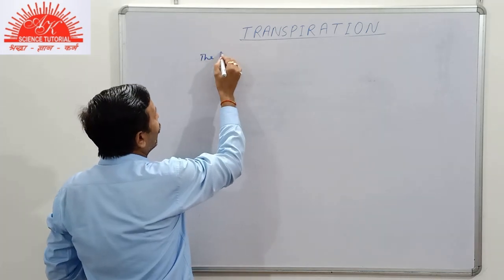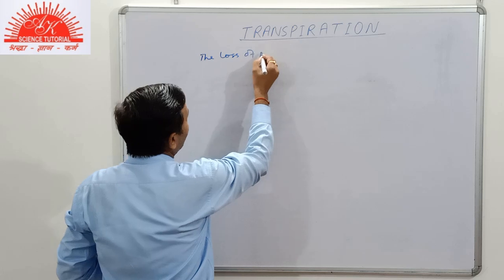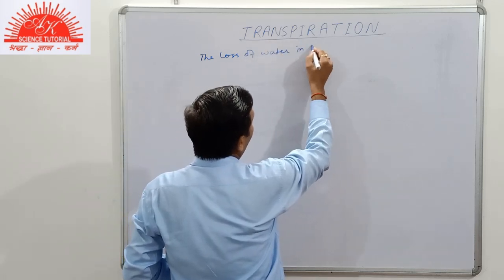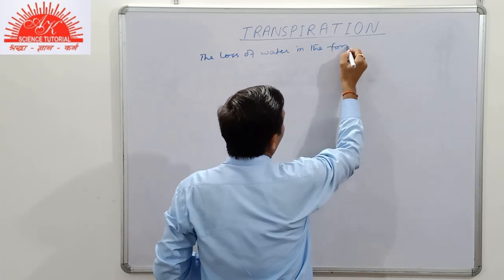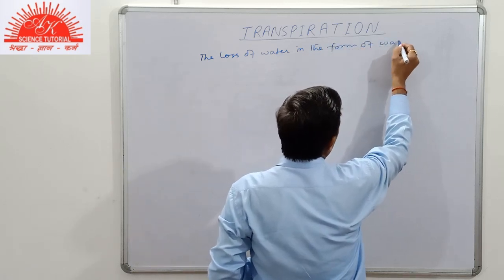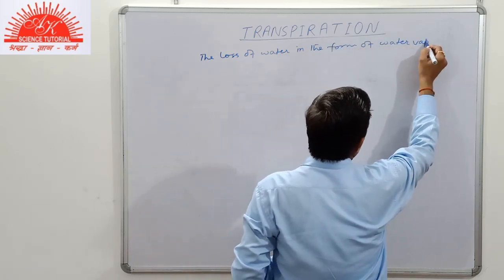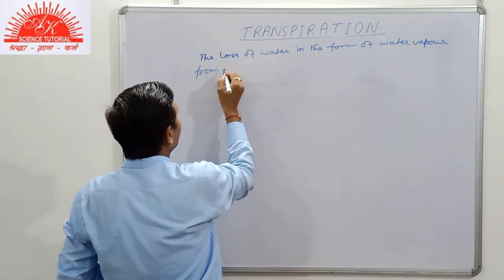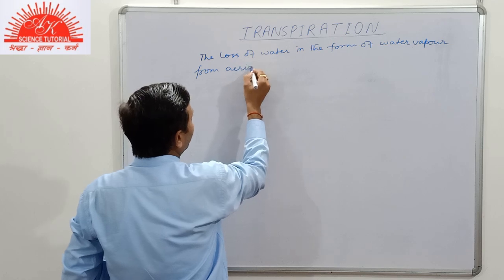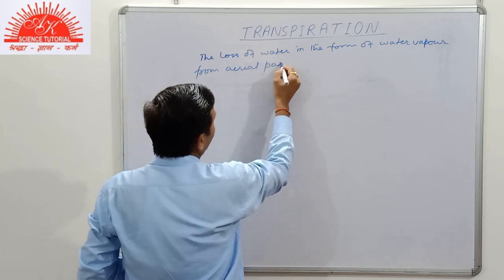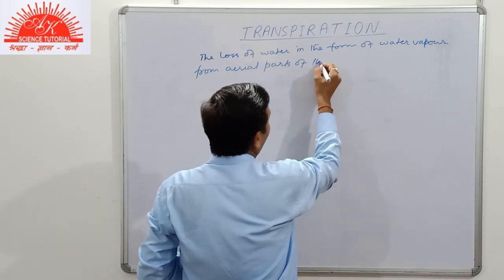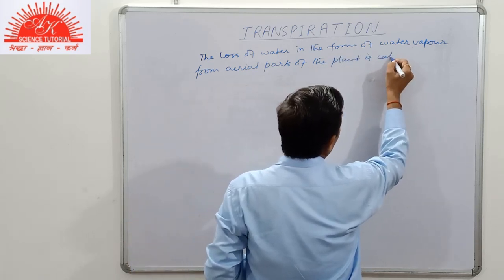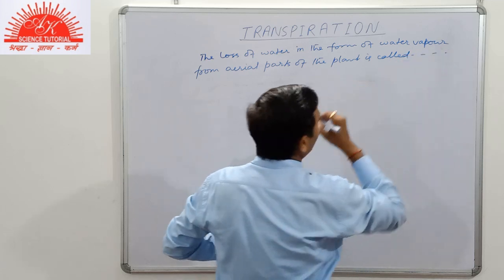The loss of water in the form of water vapor from aerial parts of the plant is called transpiration.